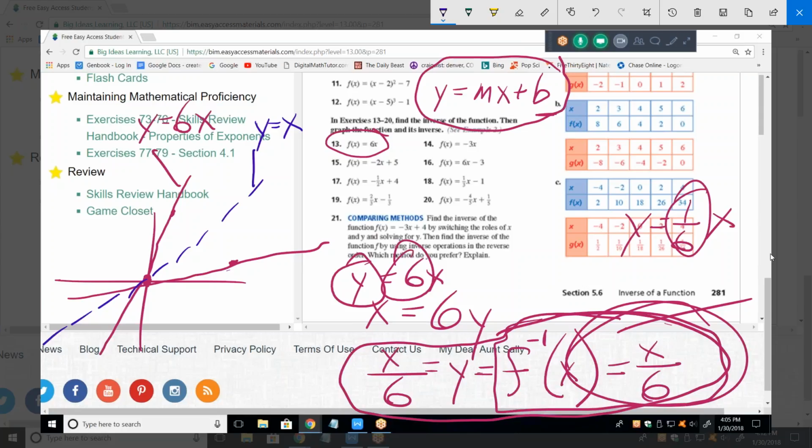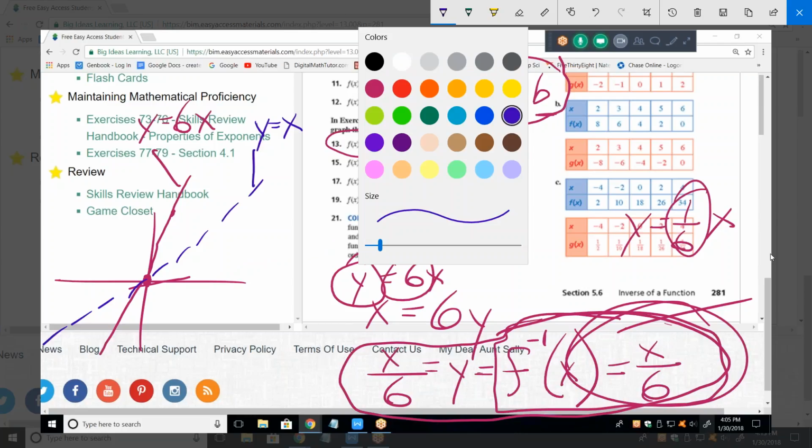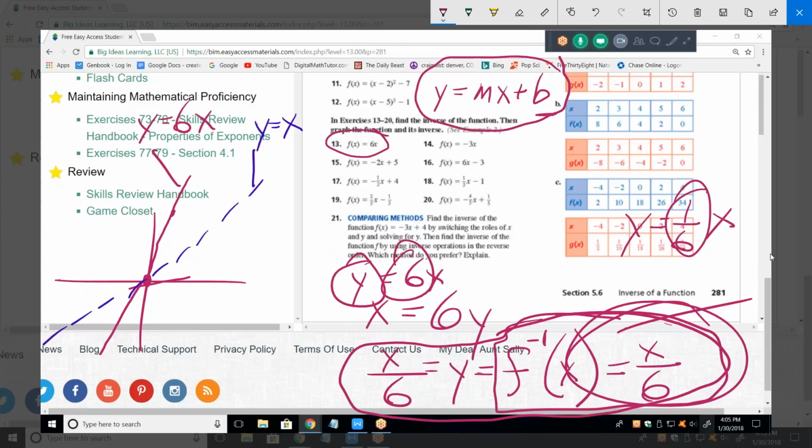And so what that kind of means is the following: to graph the second one, I didn't really have to solve it for that. All I had to do is graph the first one, and now I'm going to try to draw the reflection of that first line. Well, the reflection of that first line is like that.